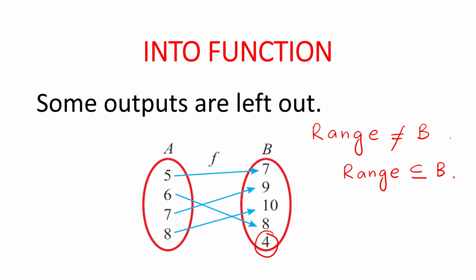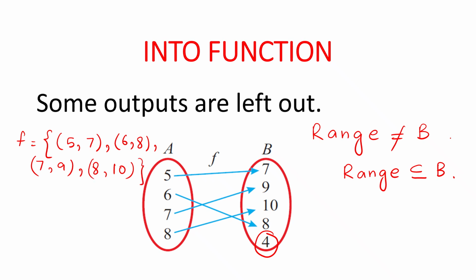For this function, 5 is mapped with 7, 6 is mapped with 8, 7 is paired with 9, and 8 is paired with 10. Now we find the range for this function.